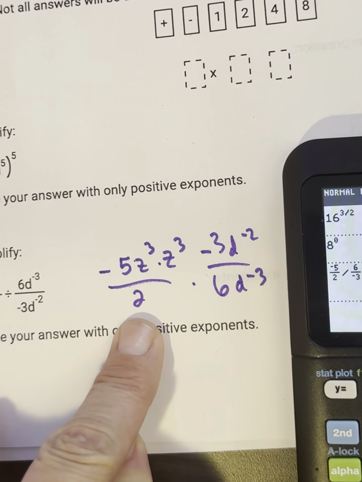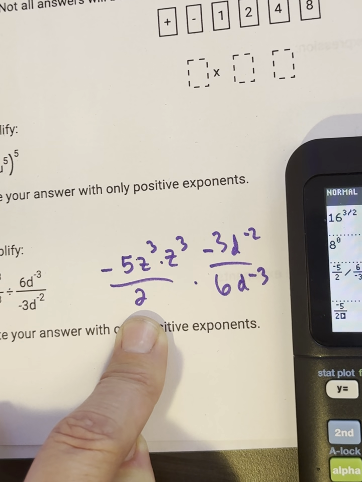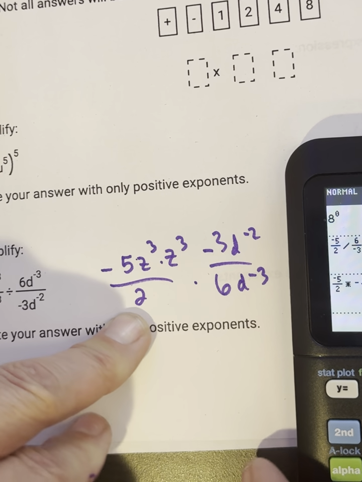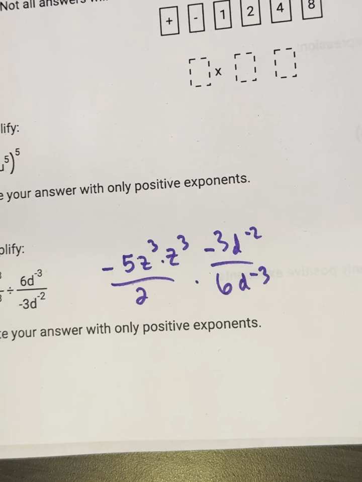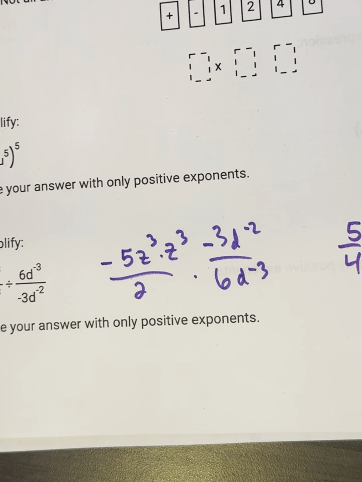So if you have negative, so alpha x, negative 5 over 2 times negative 3 over, and second alpha, negative 3 over 6. So you flip it and multiply and get rid of that 3. And you should end up with 5/4 also. So the numbers end up being 5/4. So it might be a good idea to change those first.